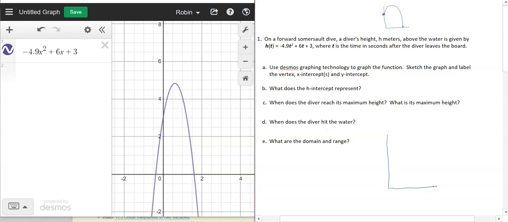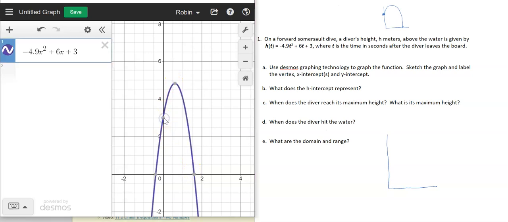Okay, and so I'm going to now put on some important pieces. I'm going to put on the intercepts and the vertex. So when I go into Desmos and I hit a point, you can see it shows me what that is. I can see my vertical, in this case h intercept, is going to be 3.